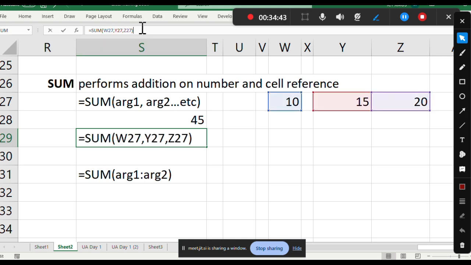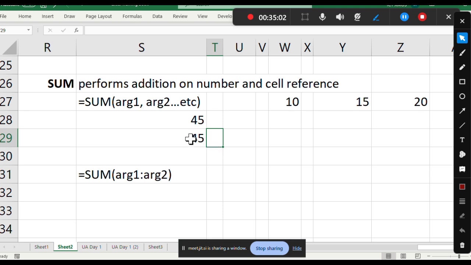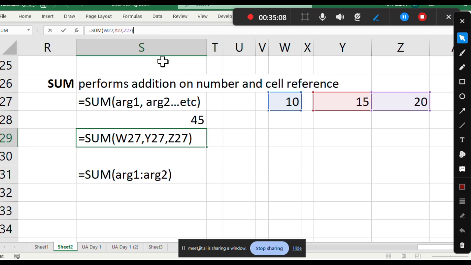And look at what is inside the formula: sum W27, comma, Y27, comma, Z27. You can see that it's selecting where the numbers are. It's 10 plus 15 plus 20, and the answer is 45. These are ways you can use sum.